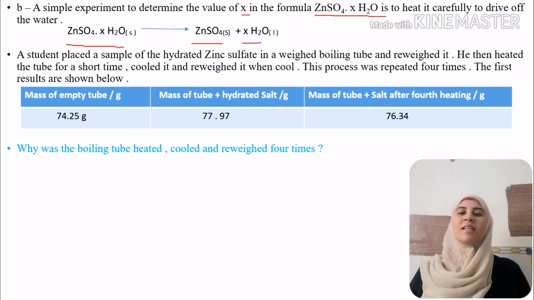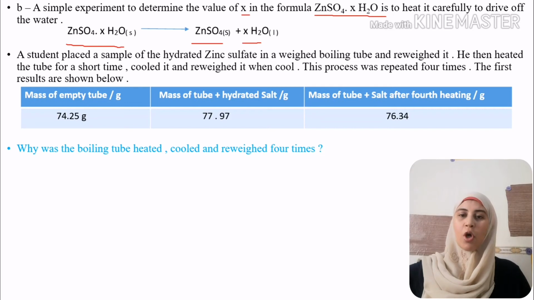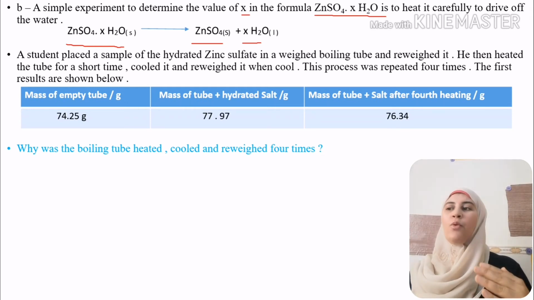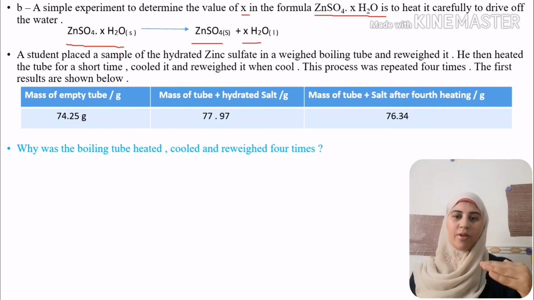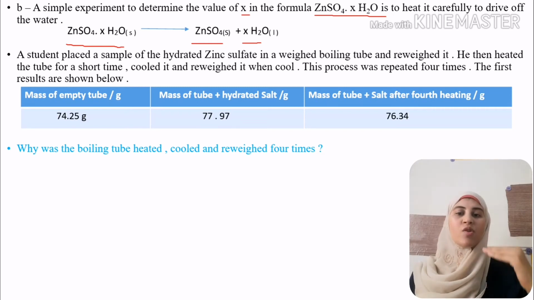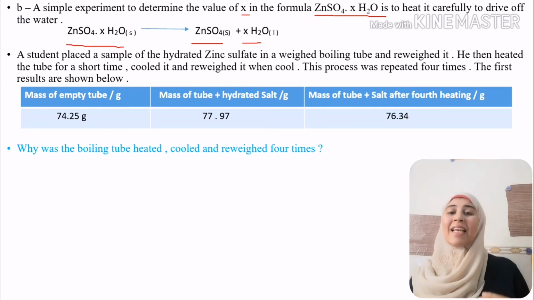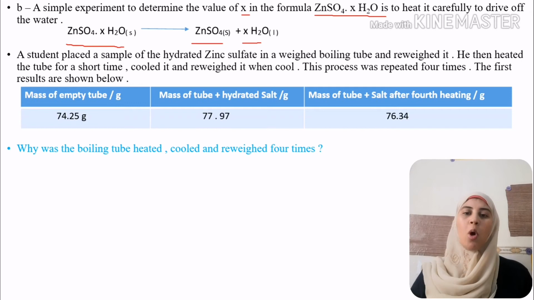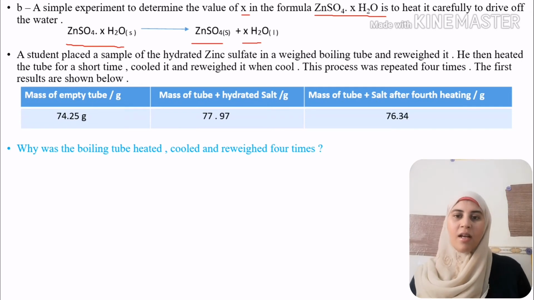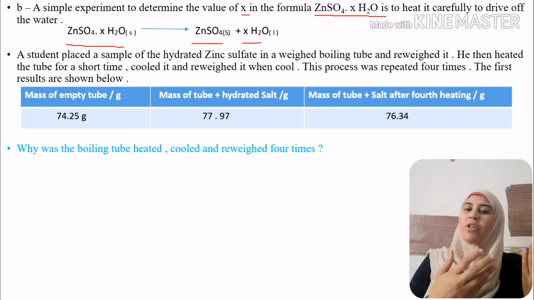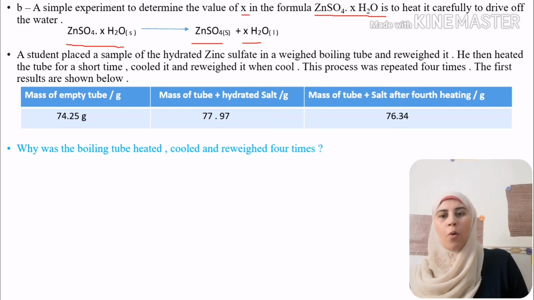So the model answer is related to the steps of heating. For example, if I have hydrated copper sulfate, its color is blue. By heating, we will form anhydrous white salt, so we have a difference in color. But in the case of our zinc sulfate salt, it is colorless. So it is hard to know if we removed all the molecules of water or not.